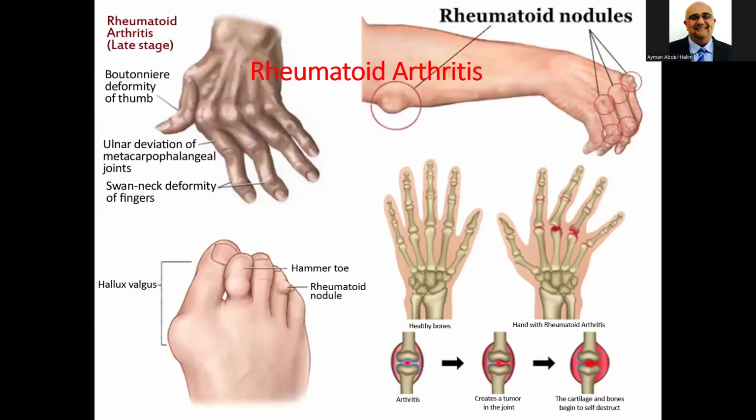Rheumatoid arthritis is an autoimmune chronic systemic disease characterized by arthritis bilaterally, deformities such as the boutonniere deformity of the thumb, ulnar deviation at the MP joints, swan neck deformities, in the feet, hammer toes, and hallux valgus, rheumatoid nodules.